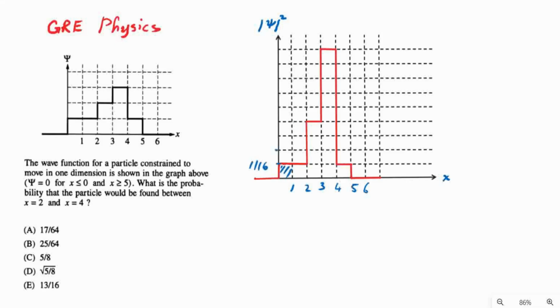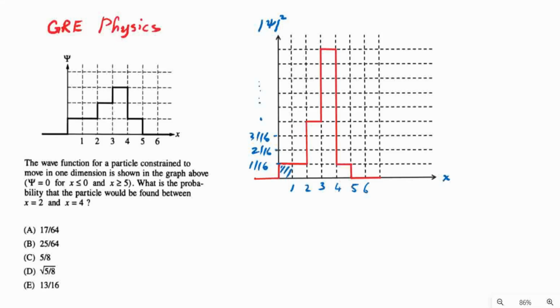So this is 2 by 16 now. This is 3 by 16. And so on. You can always choose your own scale, whatever you like on any axis. You have that freedom.